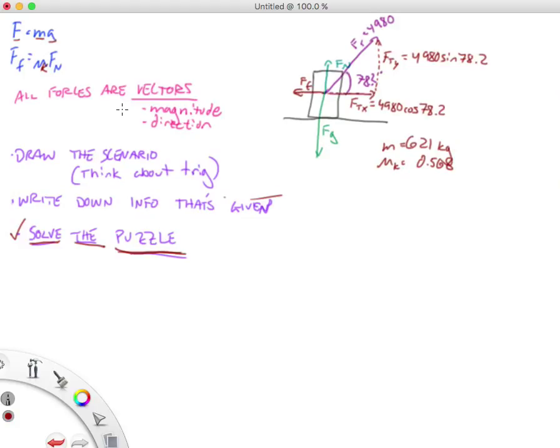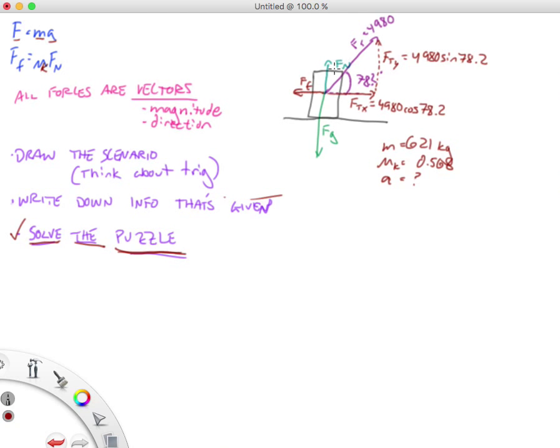The question asks what the acceleration is. So that's what we don't know. To solve the acceleration, we have the mass, we need the force, but the force in this x direction, the horizontal direction, we don't know because we don't know what this frictional force is. To solve for the frictional force, we've got the coefficient of friction, but we need to find the normal force.